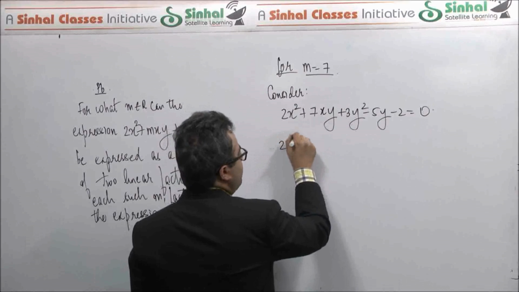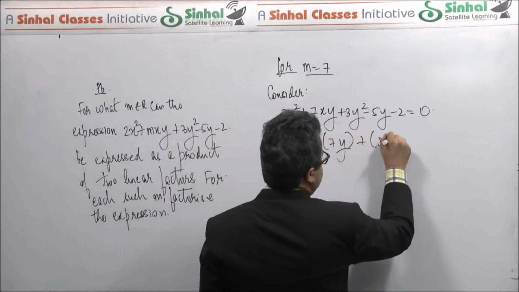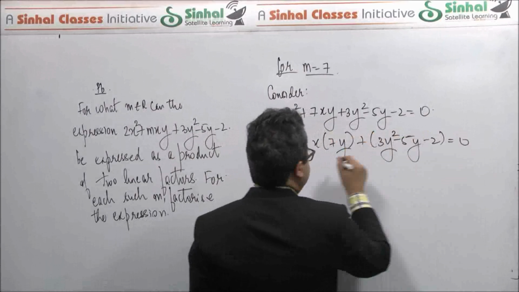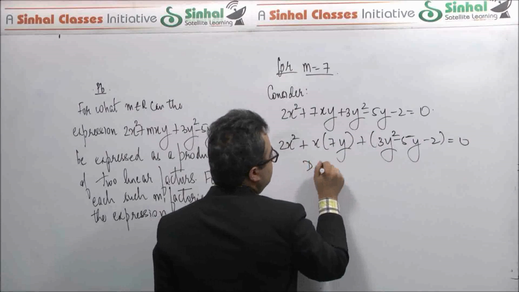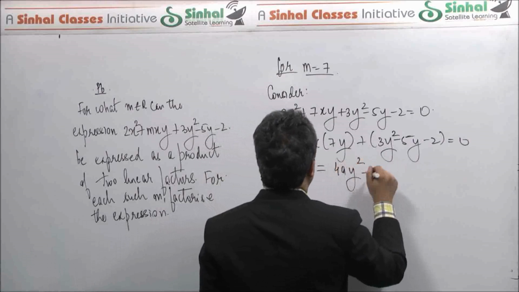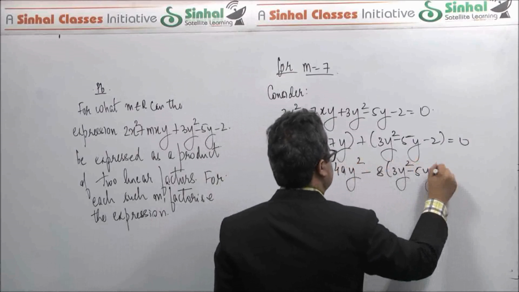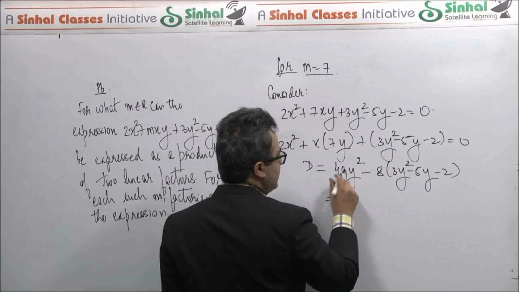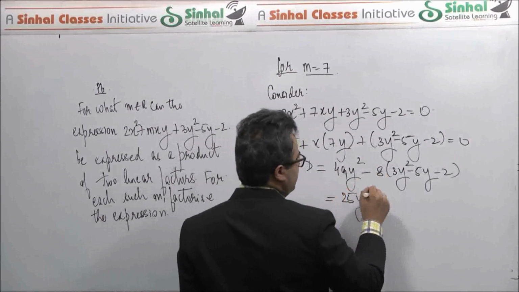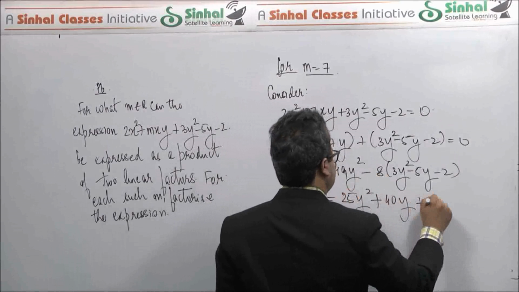So the discriminant again over here will turn out to be, that will be 49 minus 24, that is 25 y square plus 40y plus 16.